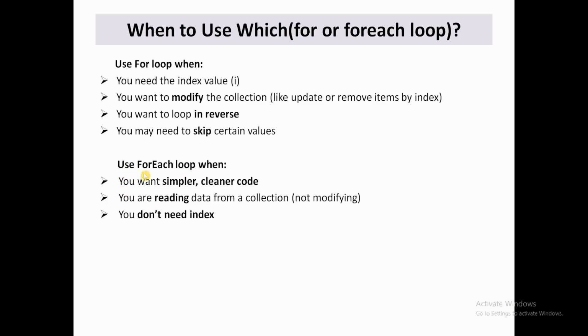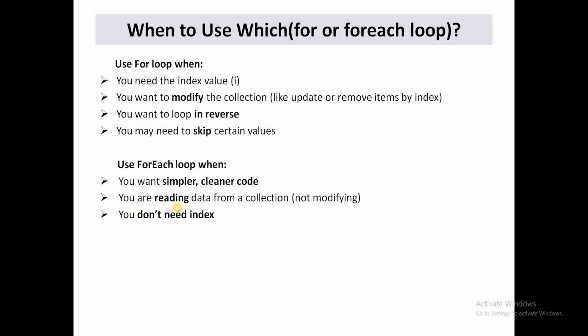Now next is for each loop. You want simpler, cleaner code. If you want simple or clean code, then you can go with for each loop, because it will iterate the values in a sequence. We do not provide any condition, we do not initialize any value for this for each loop.